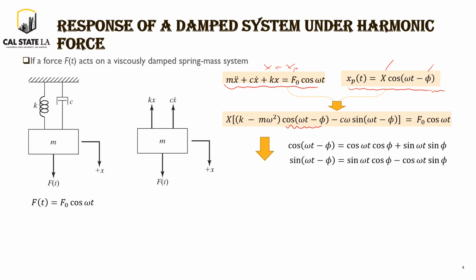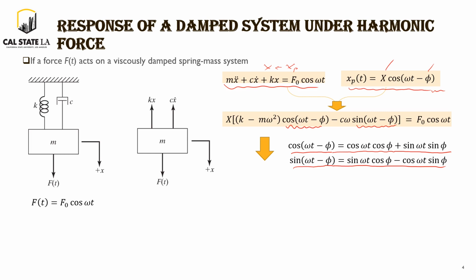Expand cosine of omega t minus phi and sine of omega t minus phi by using the two formulas. Cosine of omega t minus phi is equal to cosine omega t cosine phi plus sine omega t sine phi. And the sine function of the difference of two angles is this: sine of omega t minus phi is equal to sine cosine minus cosine sine.